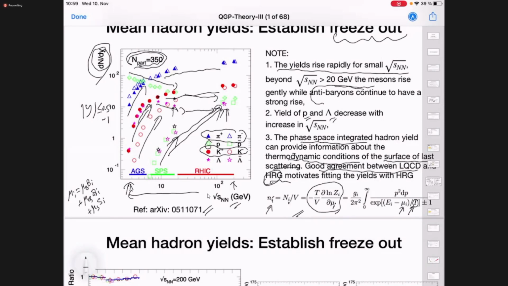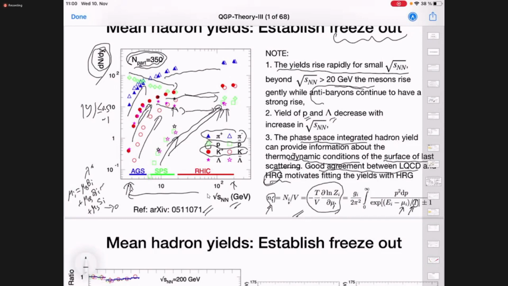So then it matters what the yield is of. If you are talking of the yield of a pion, for example, then this is 0, then this is 0. Only this is left.